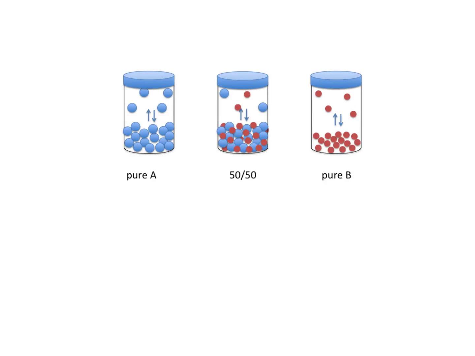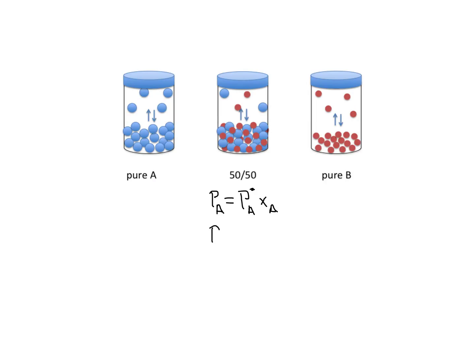We can summarize this mathematically by saying that the pressure of A above the mixture is equal to the pressure of A in the pure substance times the fraction of molecules that are A molecules in the mixture.